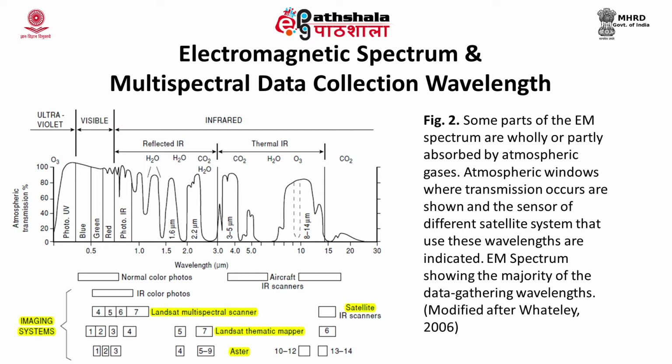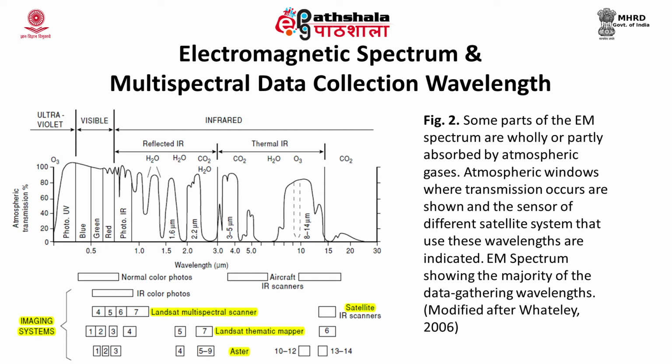If you look at the Landsat TM, it has different bands, starting from 1, 2, 3, 4 that is close to the visible spectrum, and then in the reflected IR you have bands 5 and 7, and then 6 is in the thermal infrared region. If you look at the ASTER, ASTER has more bands.